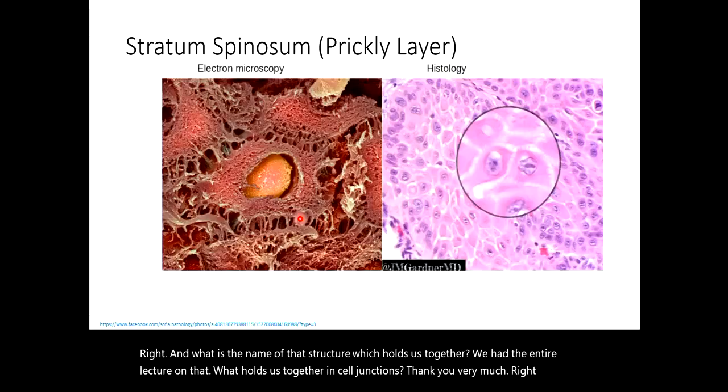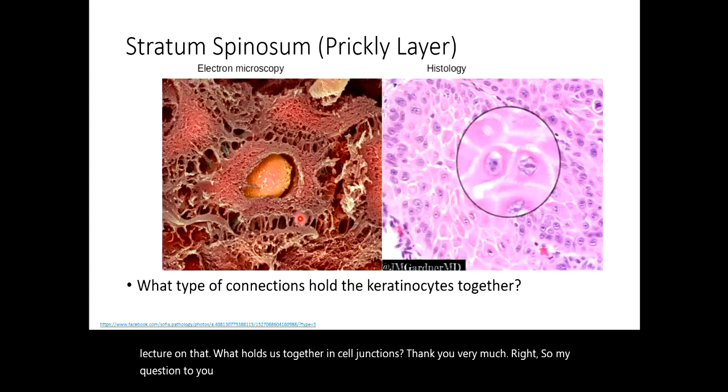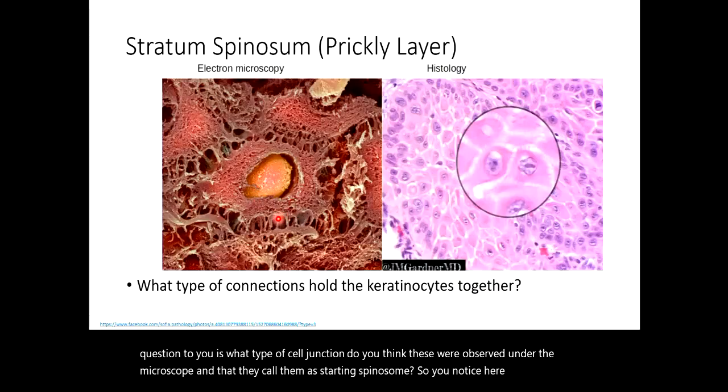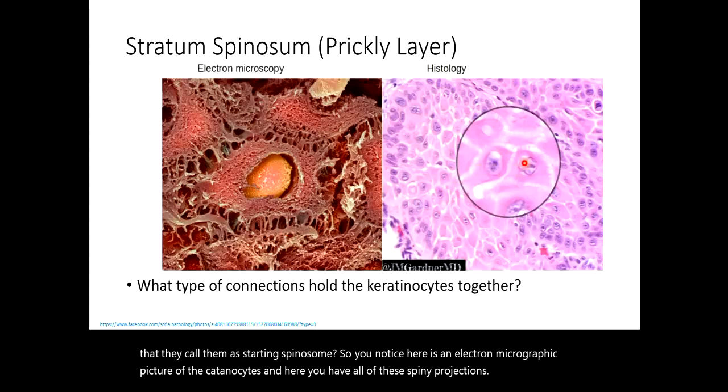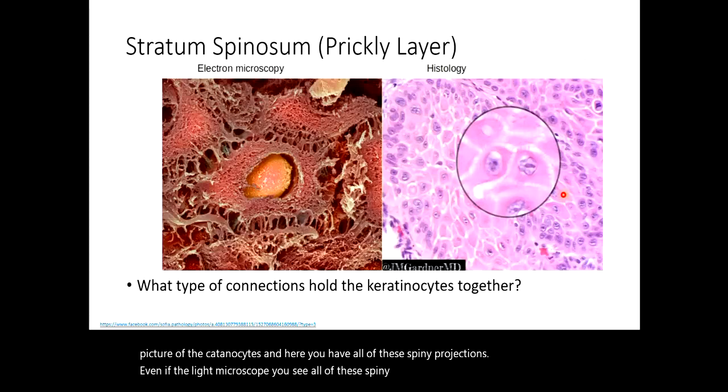So my question to you is, what type of cell junction do you think was observed under the microscope, and they call it the stratum spinosum? You notice here is an electron micrographic picture of the keratinocytes, and here you have all of these spiny projections. Even in the light microscope, you see all of these spiny projections surrounding the keratinocytes.